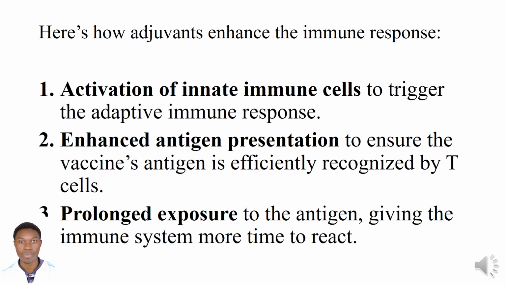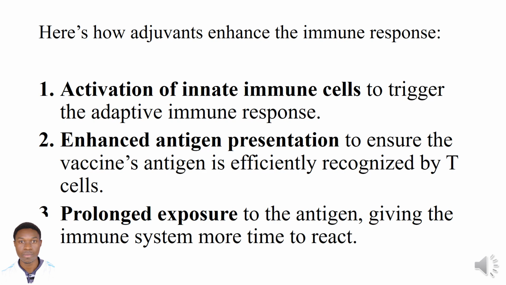And this is done with the help of pattern recognition, where many adjuvants activate pattern recognition receptors, such as toll-like receptors, which recognize pathogen-associated molecular patterns on immune cells such as dendritic cells, macrophages, and neutrophils. And again, it is by the help of cytokine release.